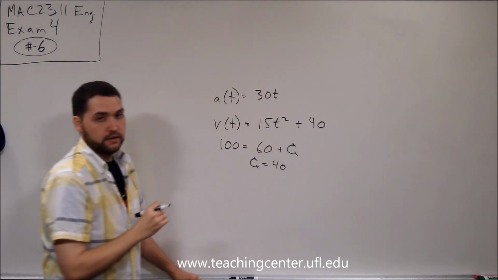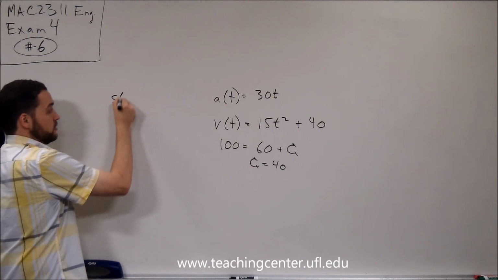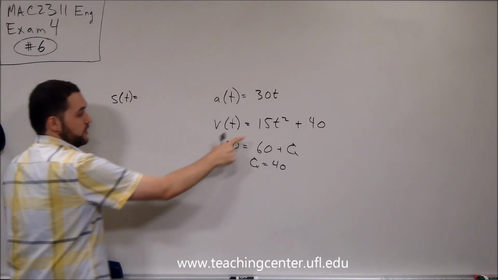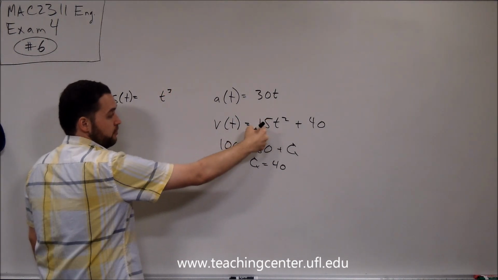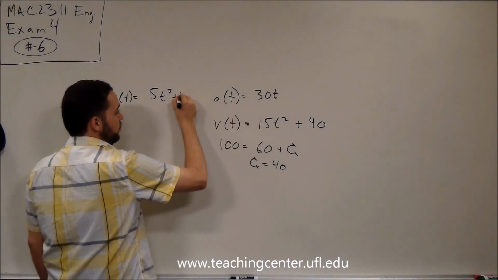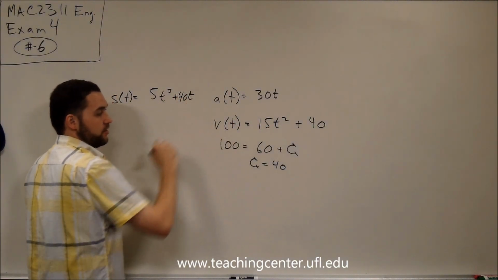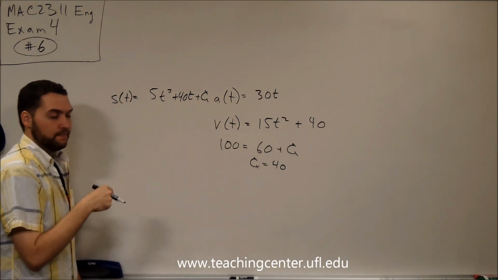Now we have our particular velocity, and then we can integrate that to get your position function. The integral of this becomes t cubed, and you divide by 3, and 15 divided by 3 is just 5. Then this becomes plus 40t, you just tack on the variable, and then you get a plus c again, because you integrated it again.